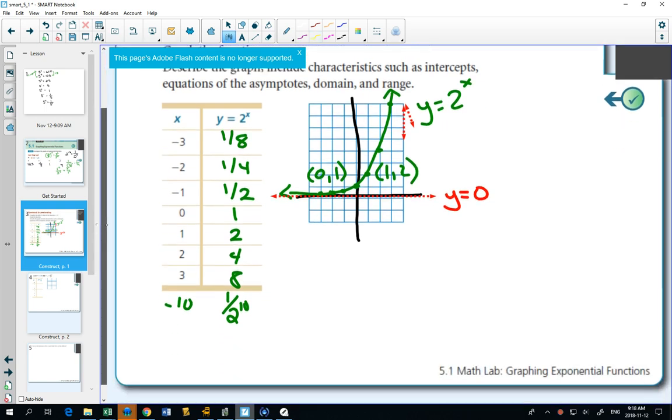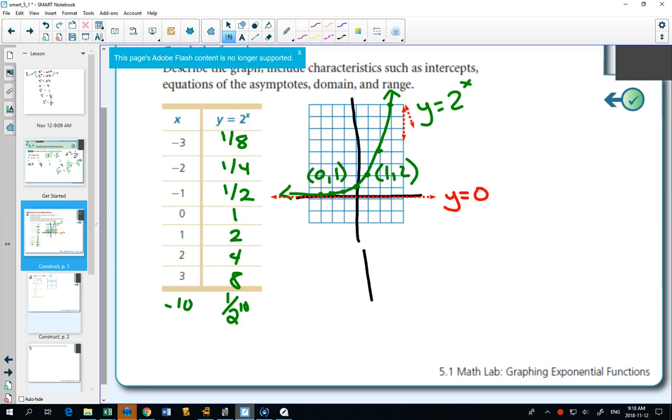And right underneath this, let's graph 3 to the x. And with the 2 points that we've labeled, I want you to tell me how they are going to compare from one to the other.